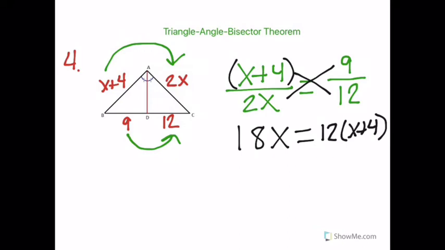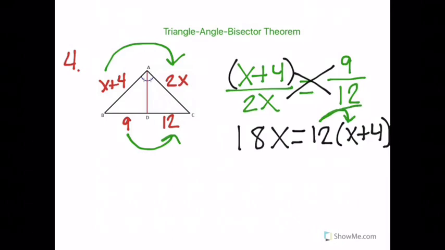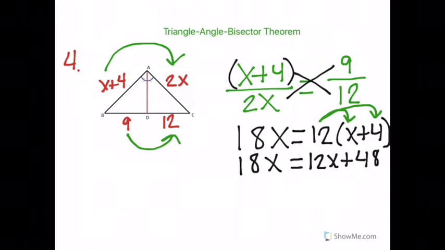Our next step will be to distribute the 12. When we distribute, we use multiplication. So 12 times x plus 12 times 4. So bring down your 18x on the left side, your equal sign. 12 times x is simply 12x plus 12 times 4 is 48.